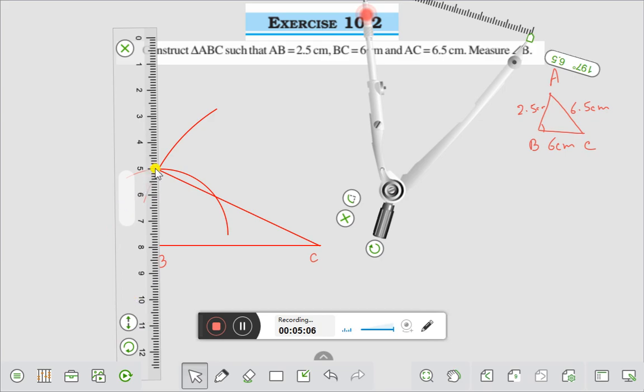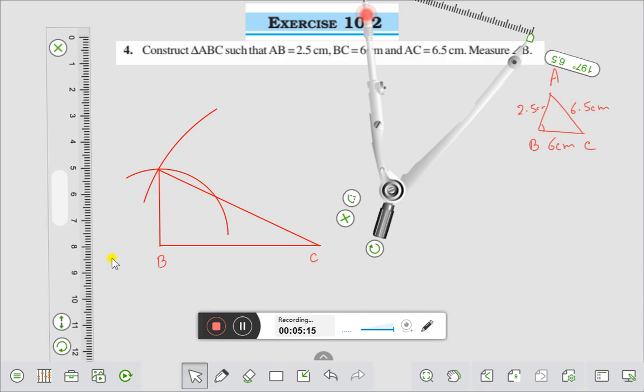Now join this line. Right, we join this line here. Now we name this point A.